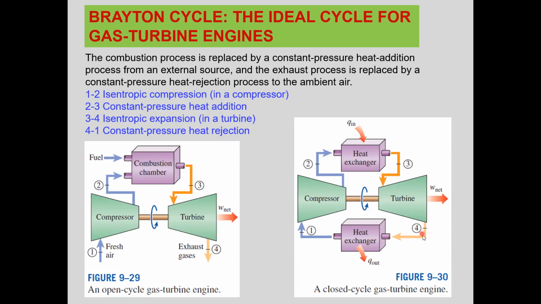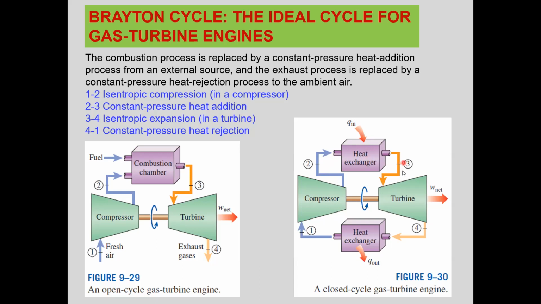So the air here goes through the heat exchanger. There's a heat output which is equal to the energy value of the exhaust gases, so that it comes back to the initial state at the compressor inlet. So in this cycle, air enters the compressor, compressed to high temperature and pressure. It enters the heat exchanger. There is a heat transfer to the air.